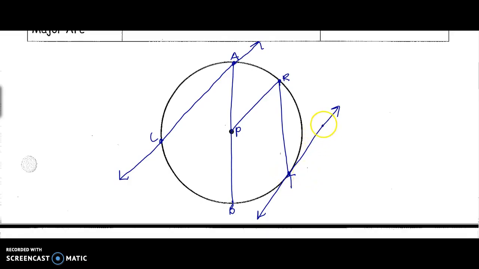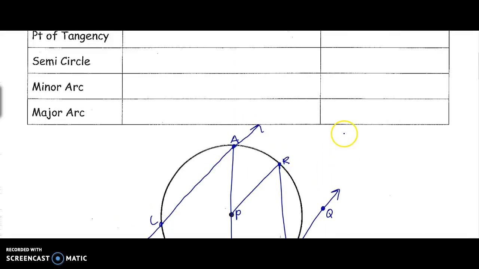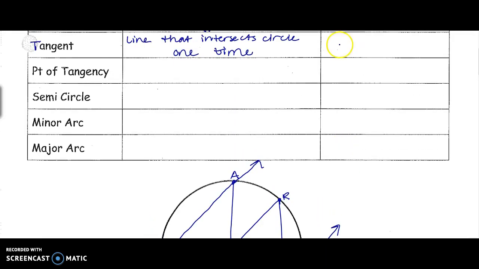Now we need two letters, so we're going to say T, let's say Q. So our tangent line is TQ because every line is made up of 2 points. Now notice again, tangent does not go through the circle, it just touches the circle, where secant has to go through the circle.